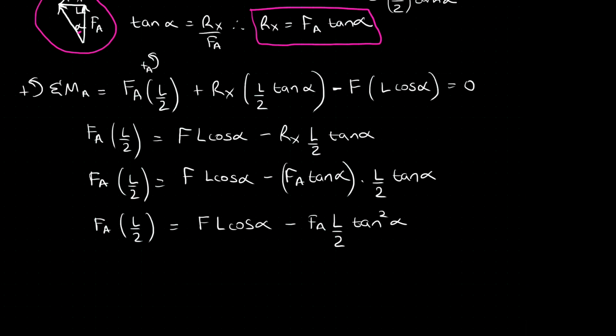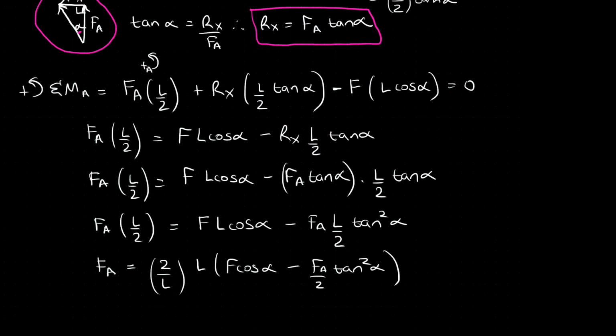Okay, so now all we have to do is rearrange again and invert 2 on L to bring it to the other side. So it equals 2 on L, and we can factor out the L on the right hand side. So L times F cos alpha minus FA on 2 tan squared alpha.